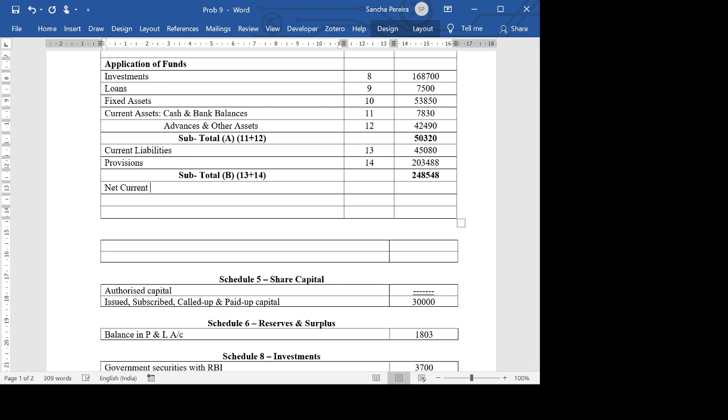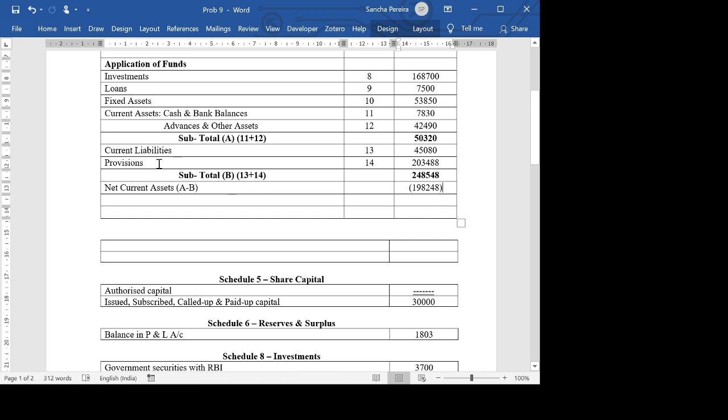Net current assets is basically your A minus B. So that's going to be again a negative figure, which is 1,98,248. How did I get this? 50,320 minus 2,48,548. Again, I'm telling you why I'm putting it in brackets. Application of funds mostly has debit balances.